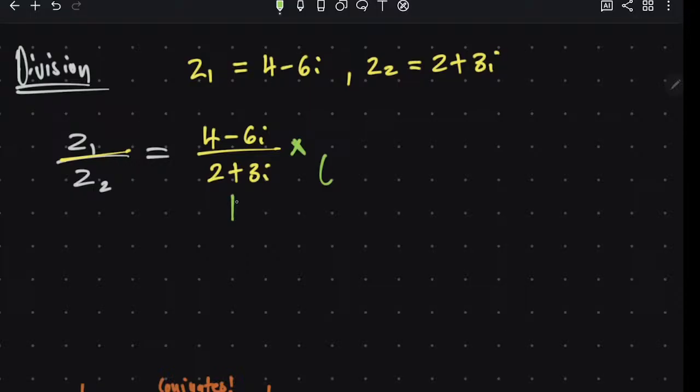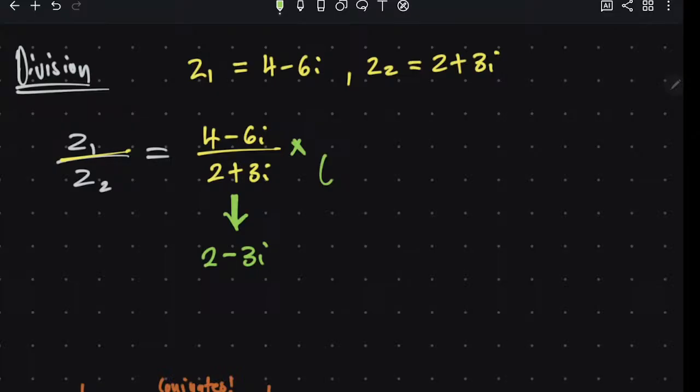So please tell me, what is the conjugate of this denominator which we don't want in this case? What's the conjugate of 2 plus 3i? It's 2 minus 3i.